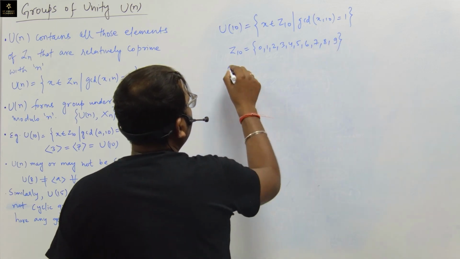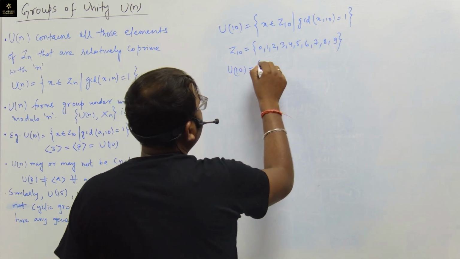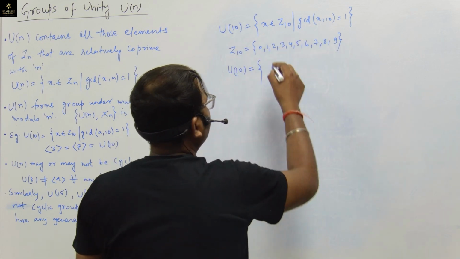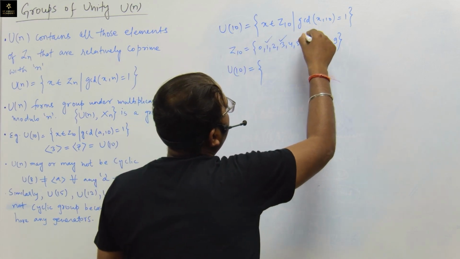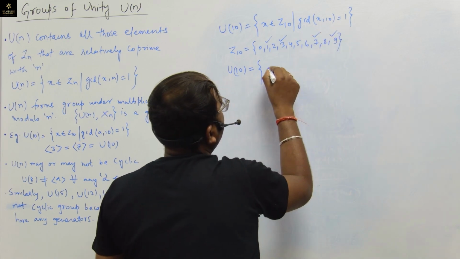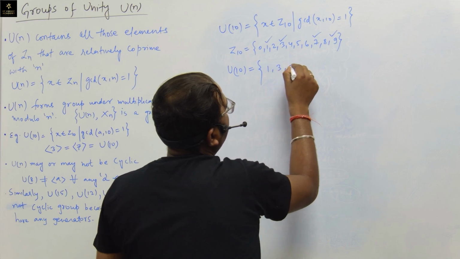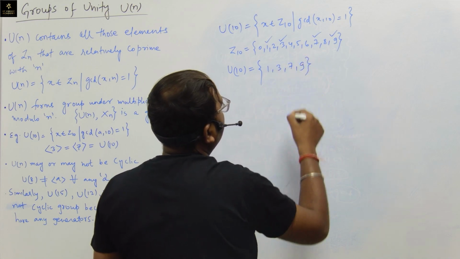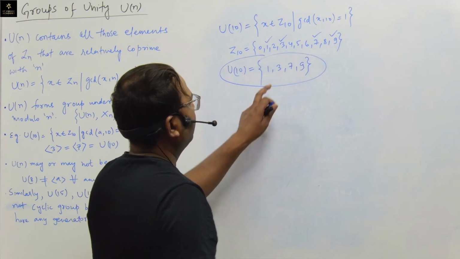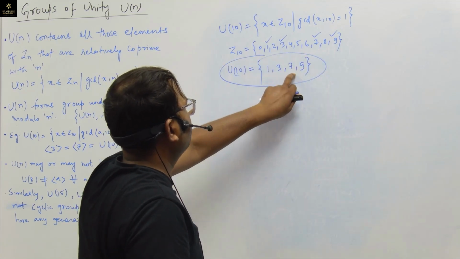So U10 contains those elements that have GCD with 10 equal to 1. This will be 1, 3, 7 and 9.